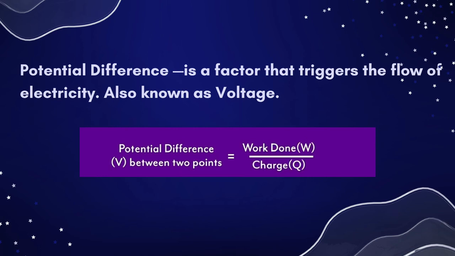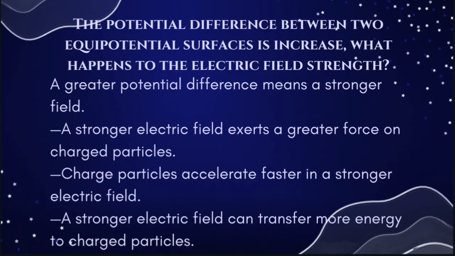So, a stronger electric field exerts a greater force on charged particles, and these charged particles accelerate faster in a strong electric field. A strong electric field can transfer more energy to charged particles. A greater potential difference often corresponds to a higher voltage.